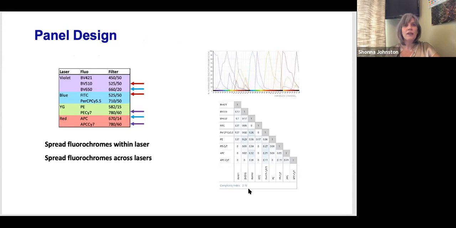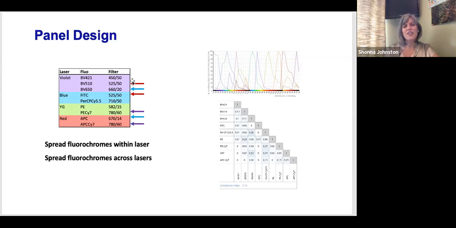Well, if we're looking at a conventional flow cytometer, and you would be looking at a different panel on here, you can see what you would be wanting to do is spread your fluorochromes within the laser and across the laser. But you can see that we've got a few of these where they've got very similar filters that we're going to pick them up from, even though they're not necessarily mainly picked up by the same laser.